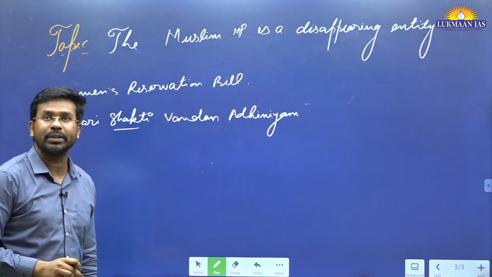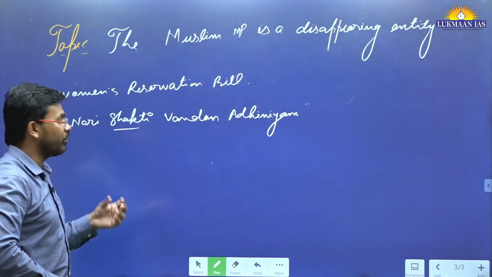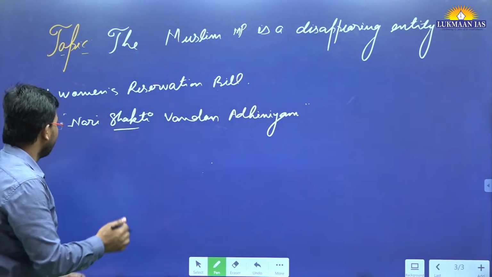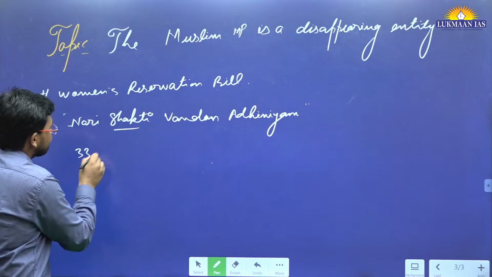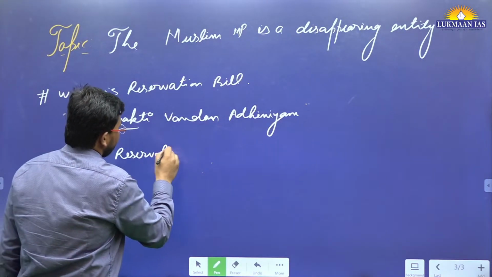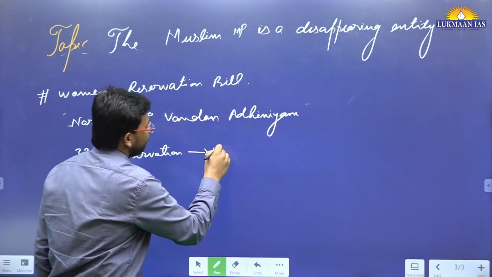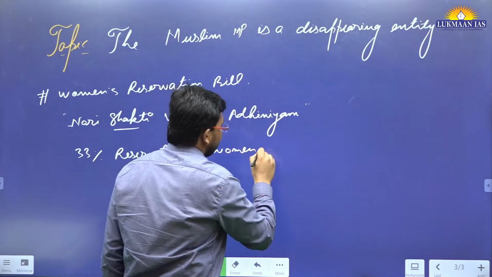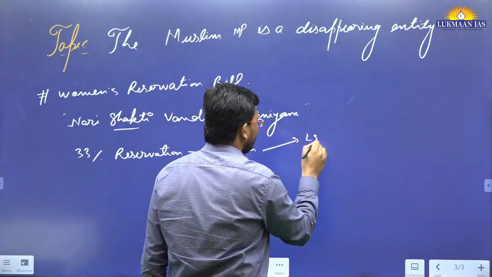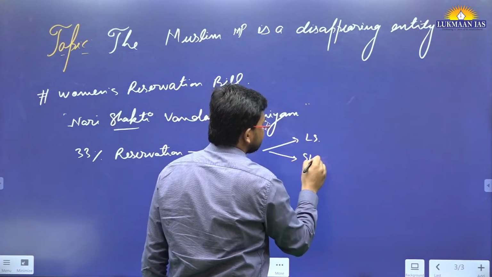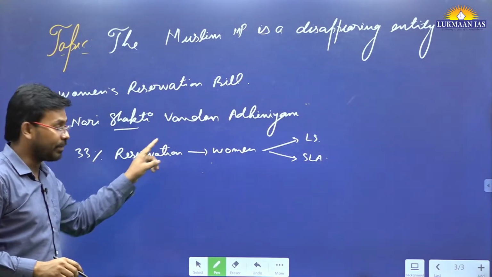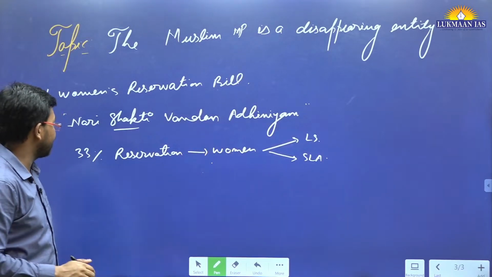To empower the women, we need to bring them into decision making capacity. So for that, 33% reservation is being given to the women in the Lok Sabha and State Legislative Assemblies.